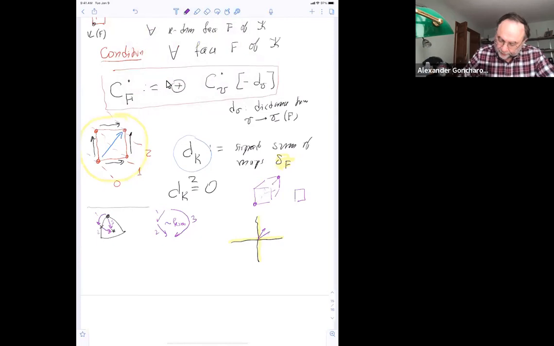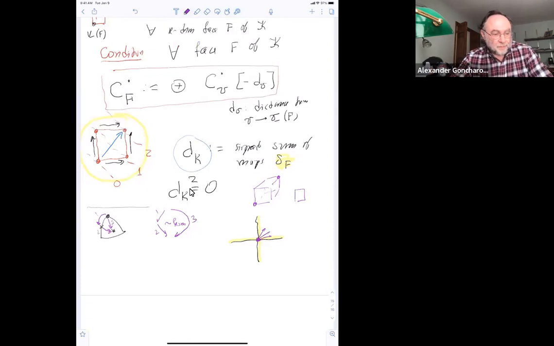These are the only directions where it is unclear what the microlocal support is, and the claim is that the microlocal support in these directions is calculated by the cohomology of the complex which I just introduced.